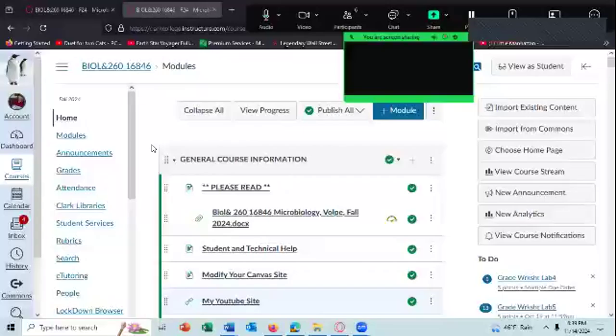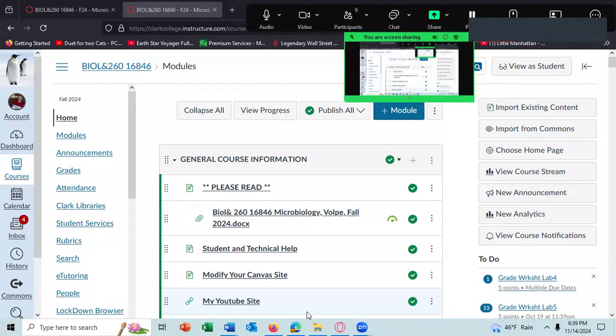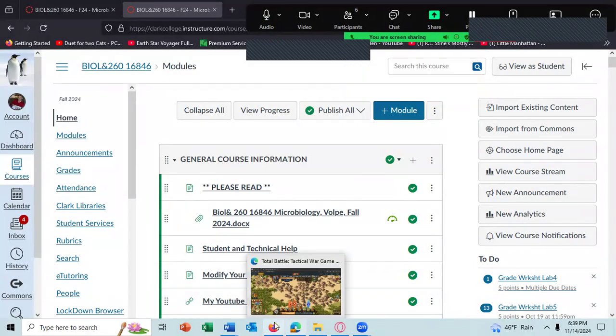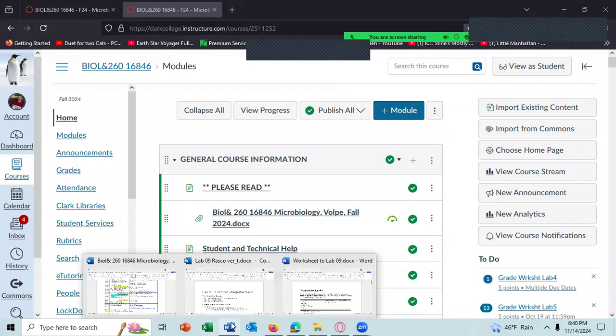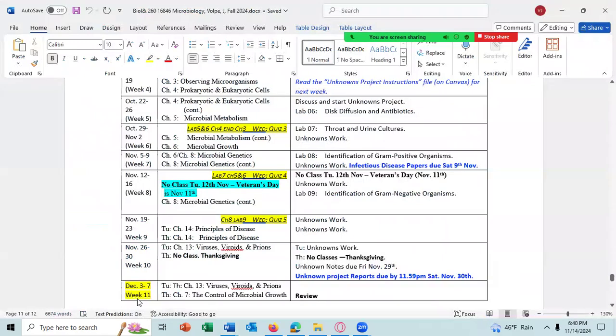Let me get out of the grade book. I can share my screen. Let's go to the syllabus. We're going to be talking about Lab 9, identification of gram-negative organisms.